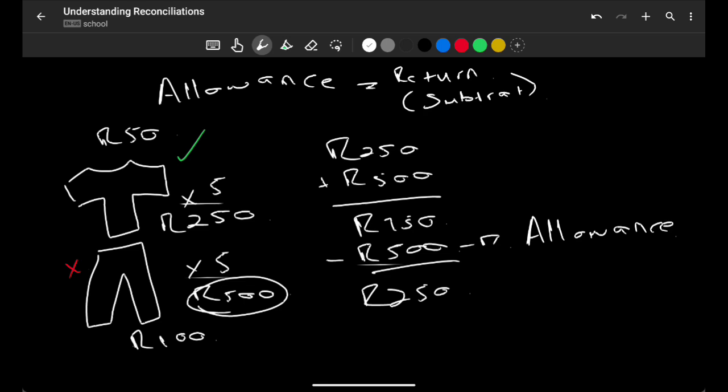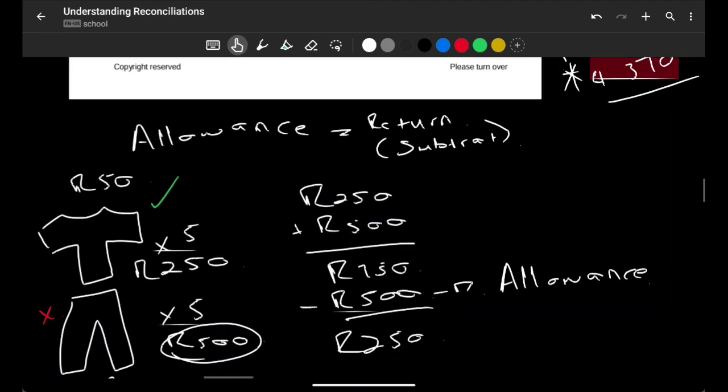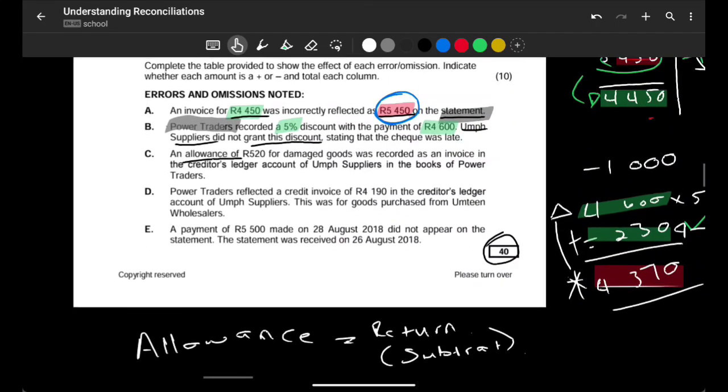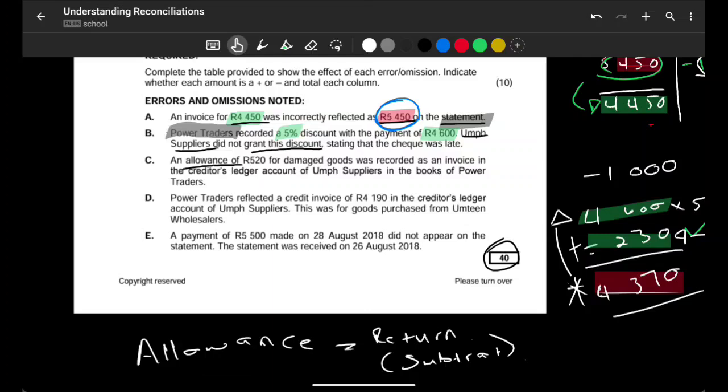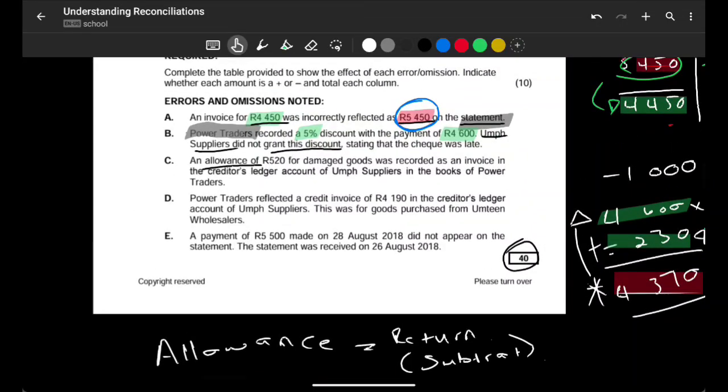Remember that accounting is a practical subject. Think about these things. In some way, somehow, in the end, they make sense, right? So there's the allowance on the clothing. Same thing that we're doing here. Here, an allowance of 520 rand for damaged goods. Okay, their pants were destroyed, if we're using the same example, right?